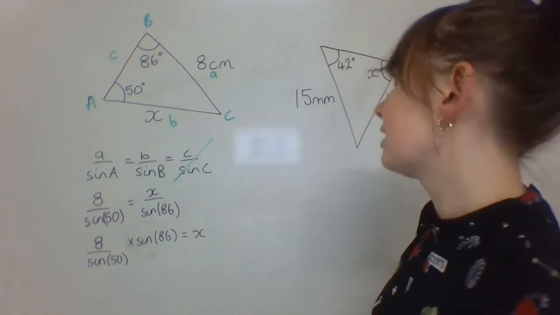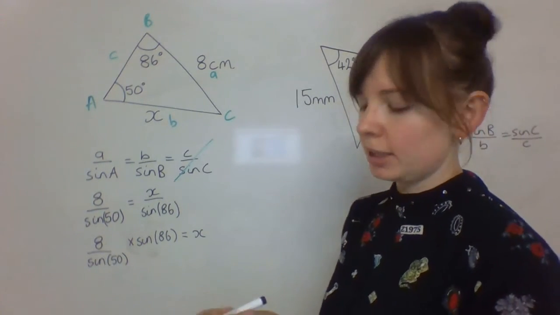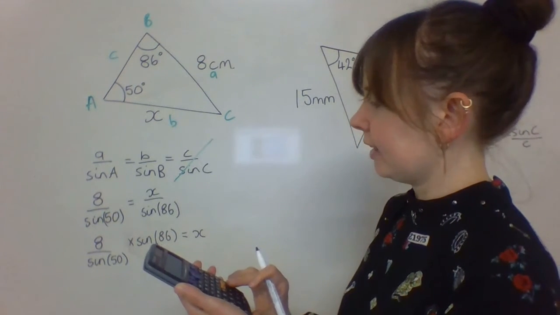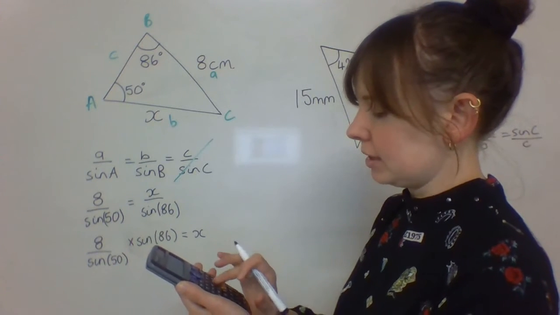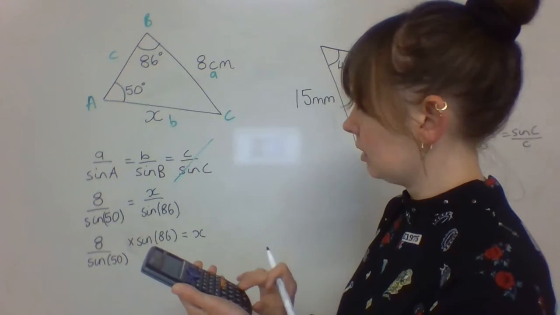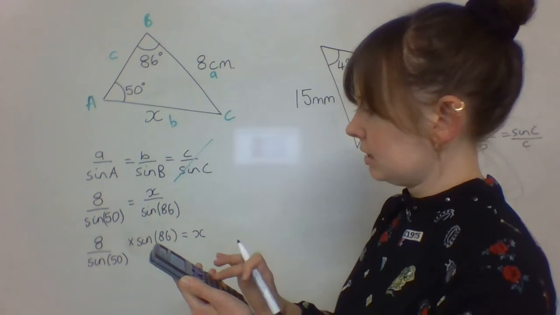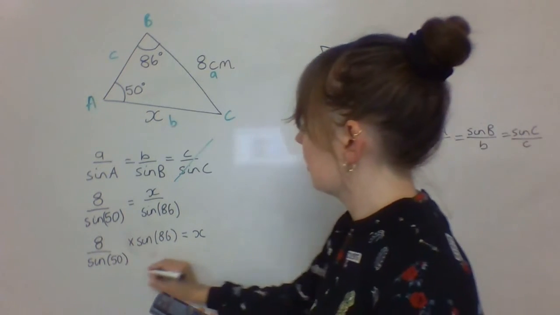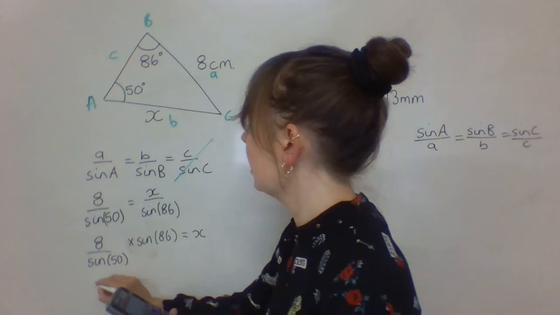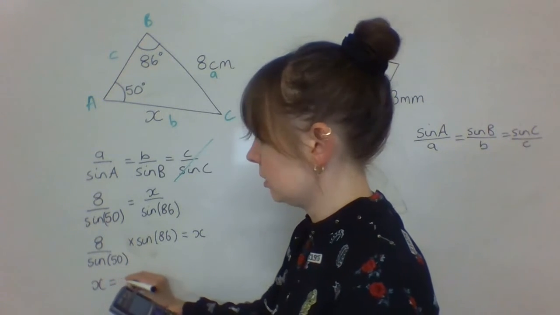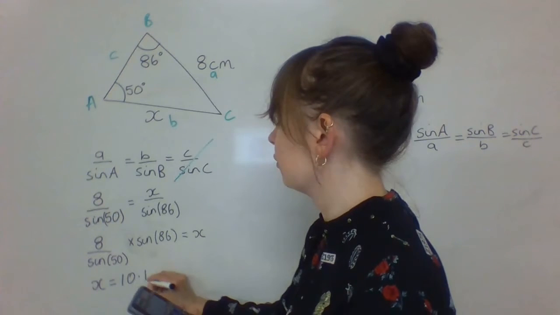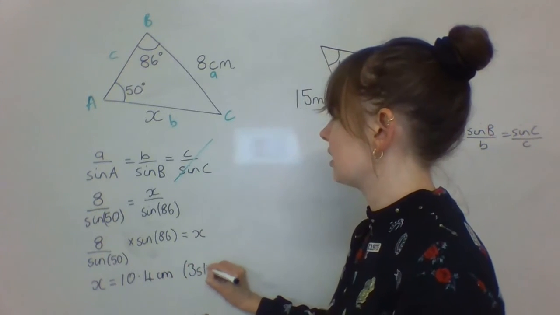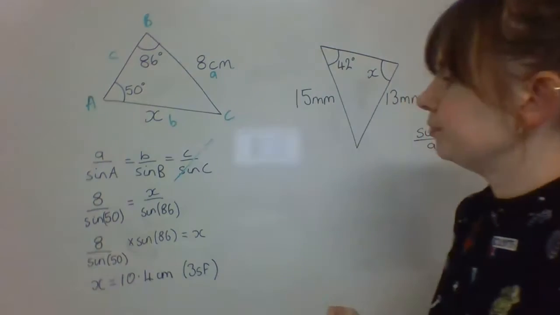And now I can put that into my calculator, just making sure that my calculator is in degree mode, and I'll find my solution for my length x. So 8 divided by sine 50 multiplied by sine 86 equals 10.4. So that gives me x equals approximately 10.4 centimeters, and I've rounded that to 3 significant figures.